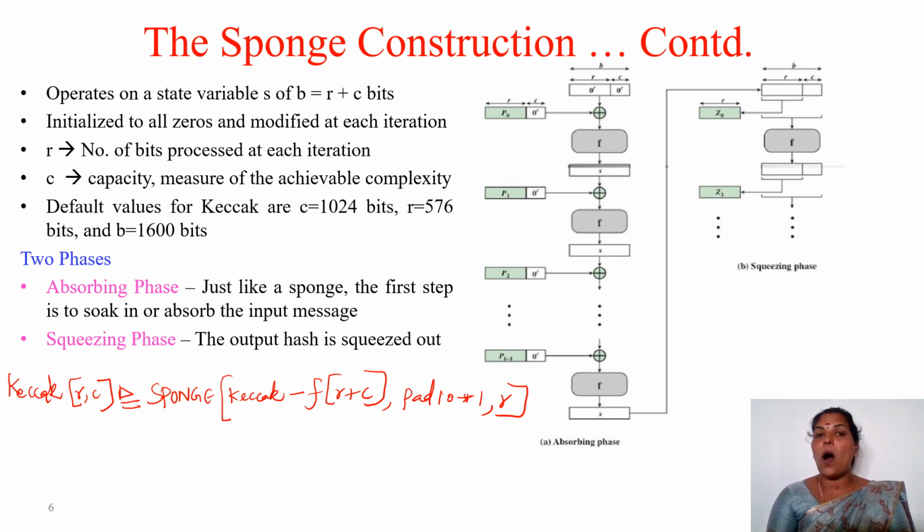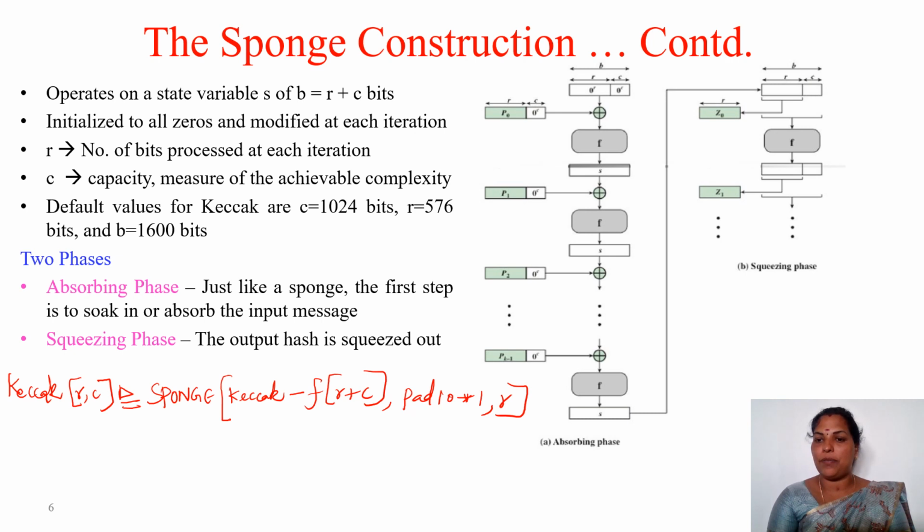Initially all the values are set to 0 and are modified in the coming iterations. The default values for KECCAK are c equal to 1024 bits and r equal to 576 bits. b equals r plus c, so b equals 1600 bits.